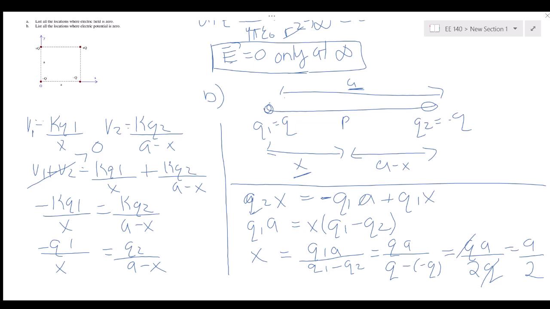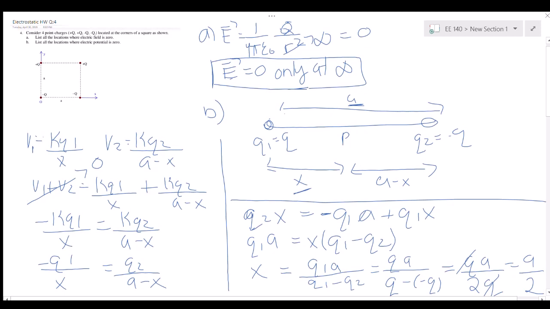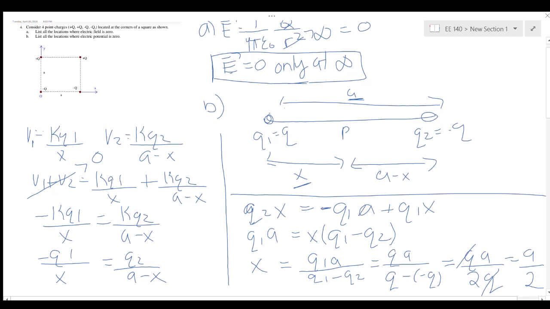So the potential is 0 when x is equal to A over 2, between a positive charge and a negative charge that have the same magnitude.